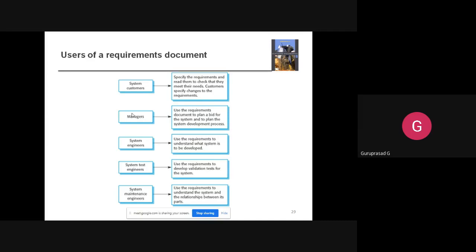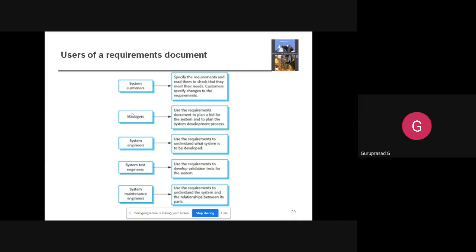So what maintenance engineers look for is different. Their perception is different. The testing people's perception is different, because they have to develop validation tests for the system. As I told, after the requirements are collected, we are going to develop the system. After that the system has to be validated. So who has to do this?